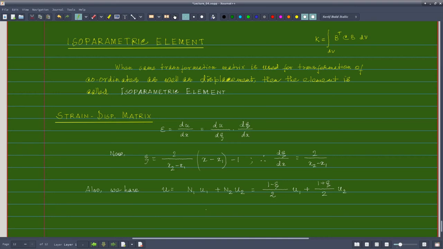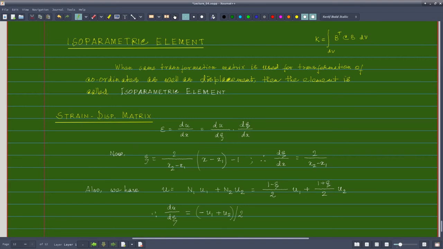And therefore what is my du d xi? Du d xi will be minus u1 plus u2, divided by 2, of course, so minus 1 by 2 into u1, so this whole thing divided by 2.